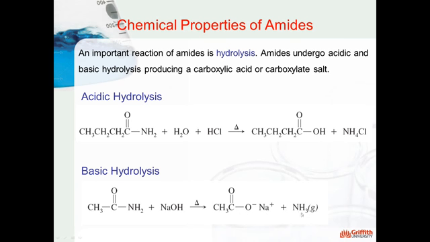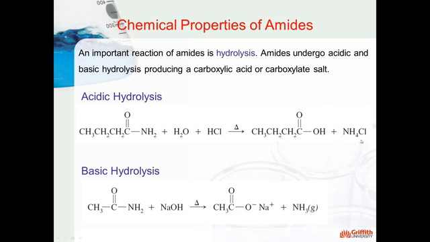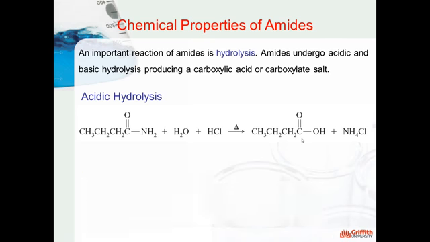Under basic pH, the amine is in the form of the amine, as opposed to the acidic pH where it's in the form of the ammonium salt. And under basic pH we get the carboxylate salt, whereas in acidic pH it is in the form of the carboxylic acid. But this is really the reverse of that previous slide.